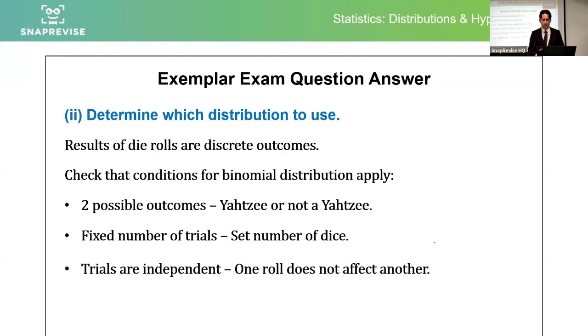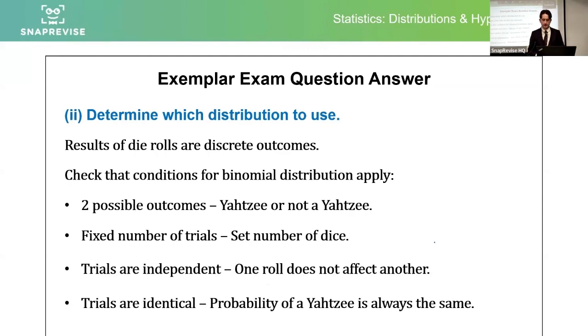Now, it is a fixed number of trials, they are independent, and the chance of a Yahtzee is always the same. So we are establishing a binomial distribution here that just comes directly off the back of what we just did. Okay, so we're creating a binomial within question 2.